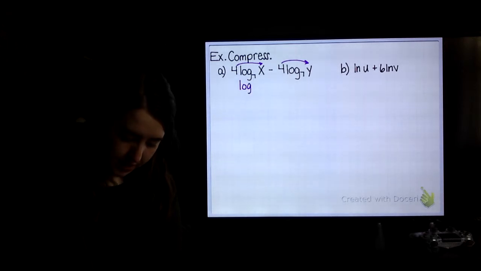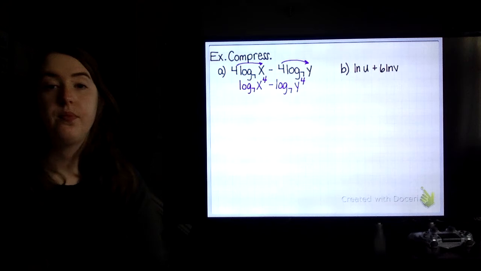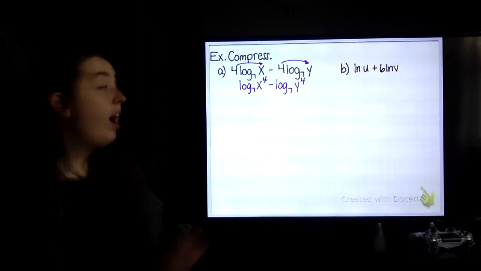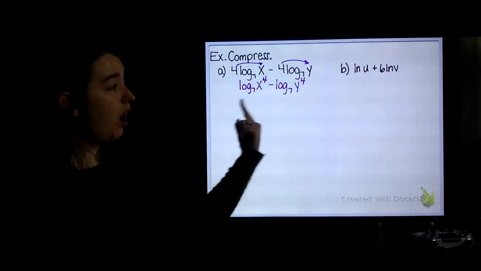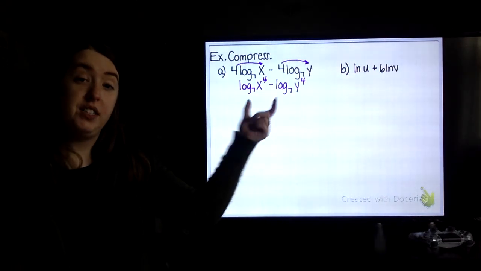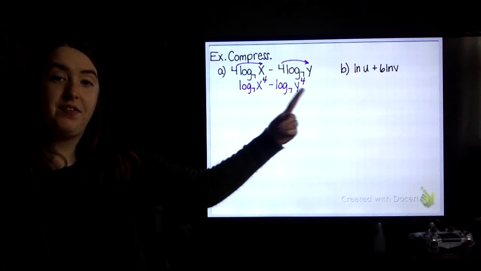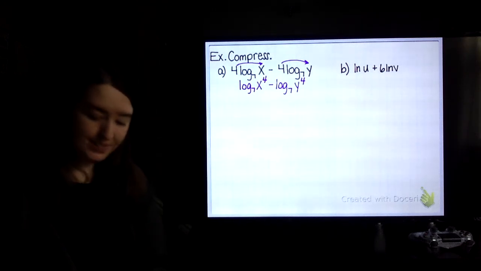So I'm going to have log base 7 of x to the 4th minus log base 7 of y to the 4th. So I'm subtracting these two logs. If I'm subtracting 2 logs and I want to compress them into 1 log, subtracting means I divide those inside guys.